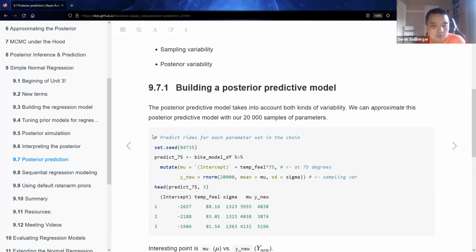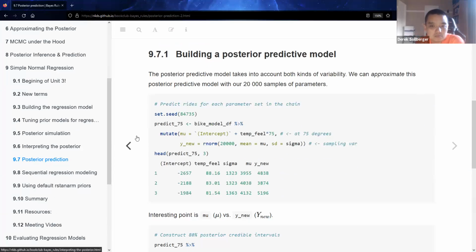So let's carefully build a posterior predictive model that takes both types of variability into account. We can approximate this with our 20,000 samples on top of the bike model data frame from before, that is the 20,000 versions of these acquisitions for beta naught, beta 1, and sigma.